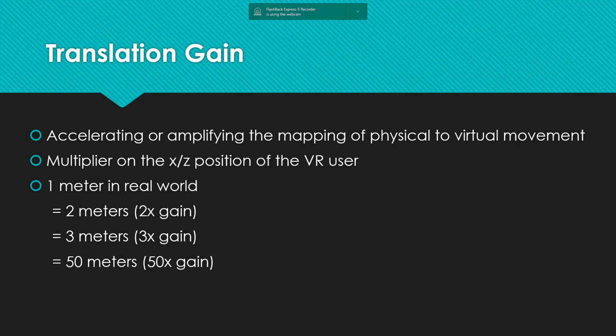That means that if you jump, you jump the same amount in the real world and the virtual world. But if you walk 1 meter in the real world, that means 2 meters in a 2x gain virtual world, 3 meters in a 3x gain virtual world, and 50 meters in a 50x gain virtual world.